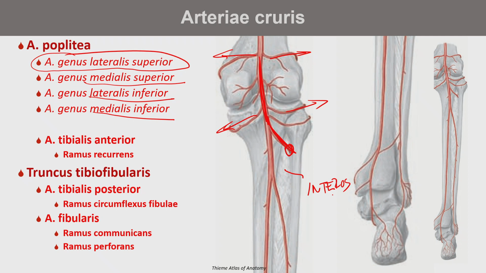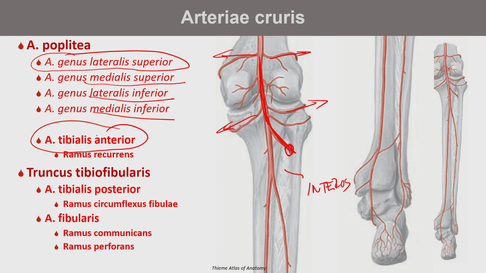When you remember the organization of arteries of a forearm, this is an analogous artery to the interosseous artery, but here it is called the anterior tibial artery, because it's going between fibula and tibia, and this is tibialis anterior.